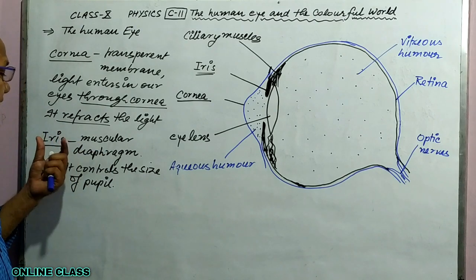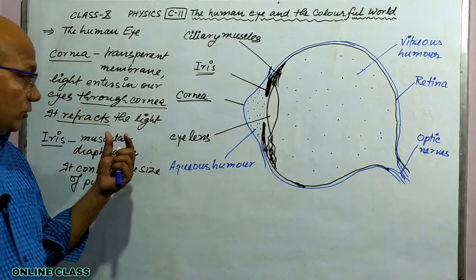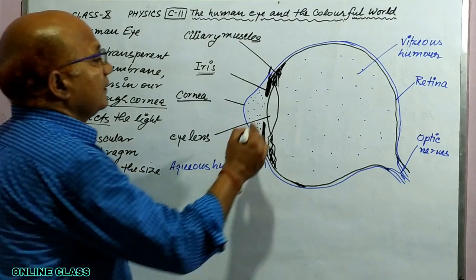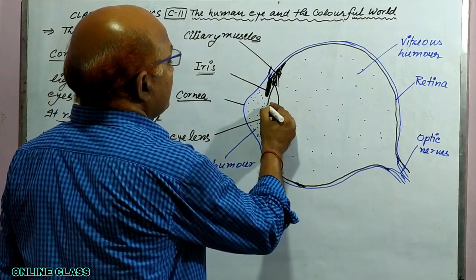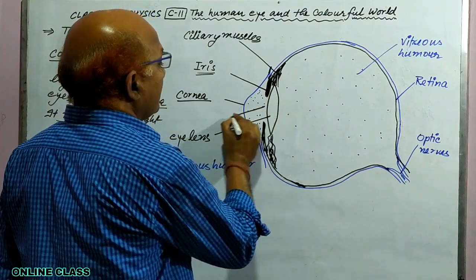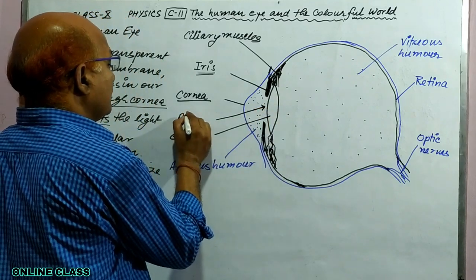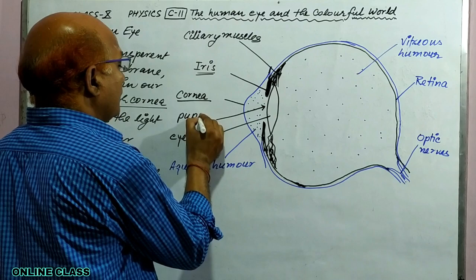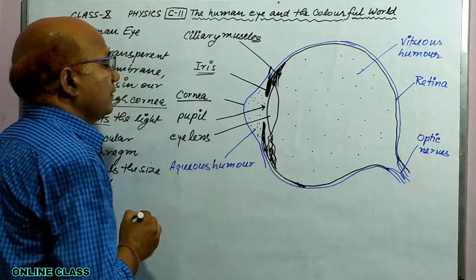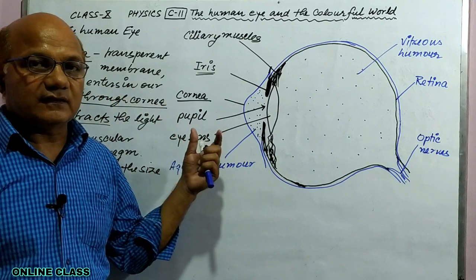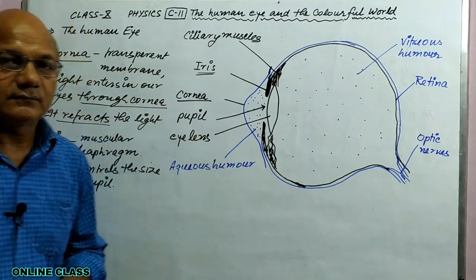The main function of iris is to control the size of pupil. This portion is pupil. Okay. Now you can take a screenshot of it.